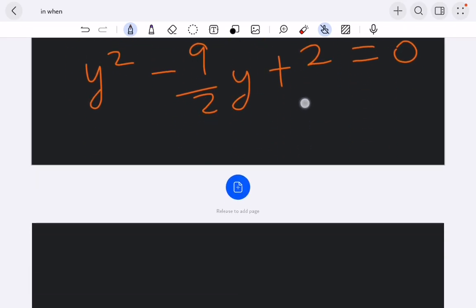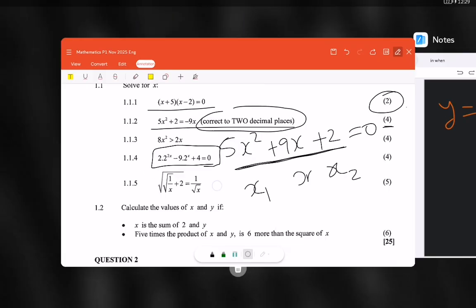So now you're going to apply your quadratic formula, where x, or rather y, is equal to minus b plus or minus... Wait, let me just confirm the quadratic formula.